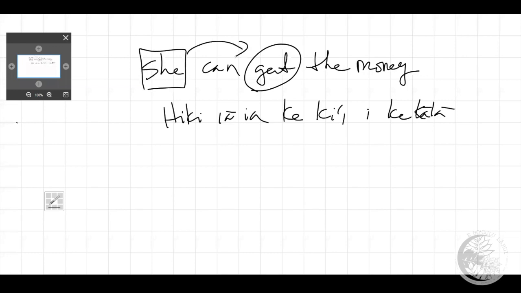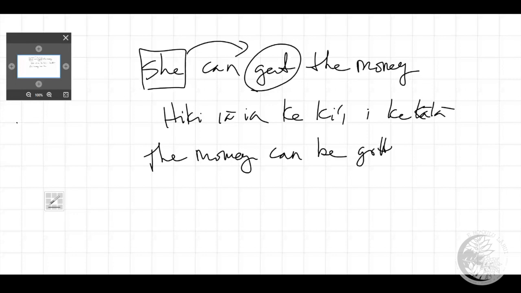Now, sometimes when you express that she can get the money, you might say that in English. However, the meaning is more in the idea that the money can be gotten by her, that it's the money that can be gotten by her. And of course, let me write this out again. The money can be gotten by her.